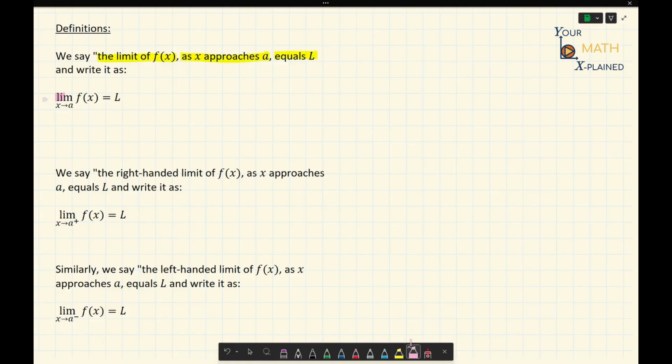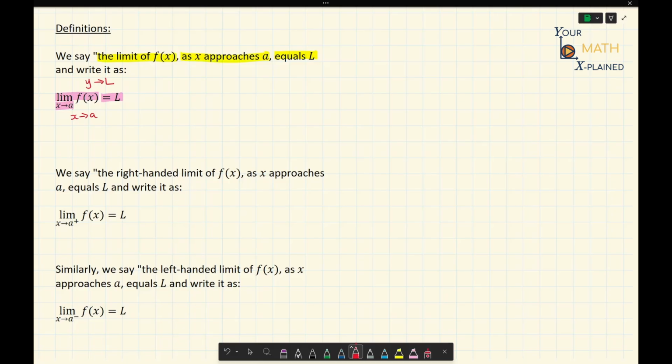So this is the limit of f of x as x approaches a is equal to L. So this is essentially saying that this y value here, which is f of x, is approaching L as our x value is approaching a. Meaning we're taking x as close to a as we'd like, but it is not equal to a.